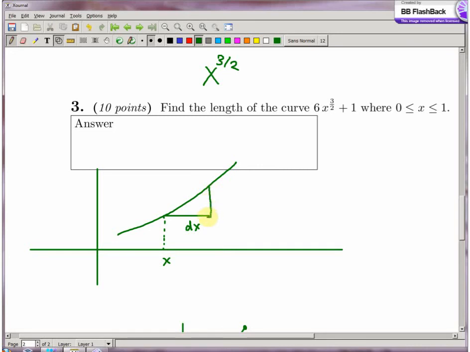There's a corresponding change in the y direction. dy is really the change in the tangent line. But if we look really, really close, and dx is really small, then the curve will basically be a straight line. So we can pretend this is a triangle, and let's call this side ds.